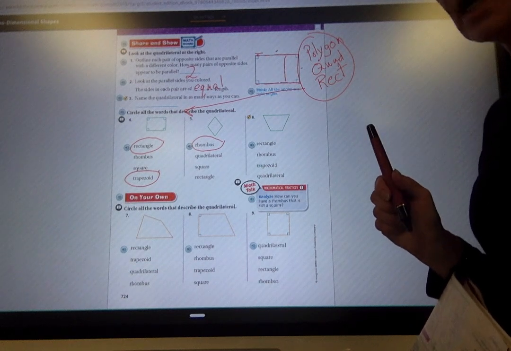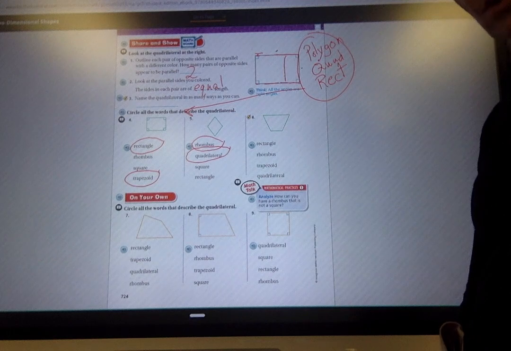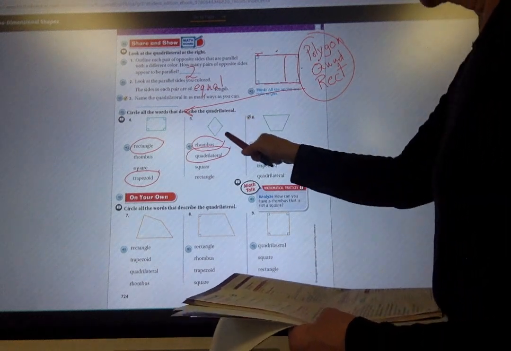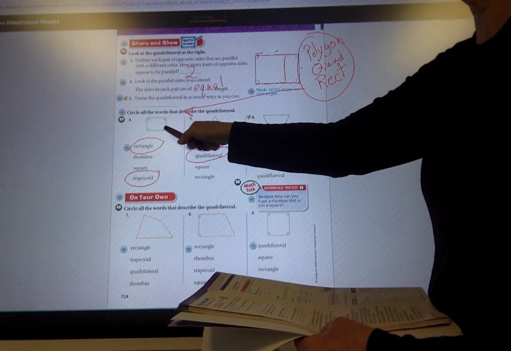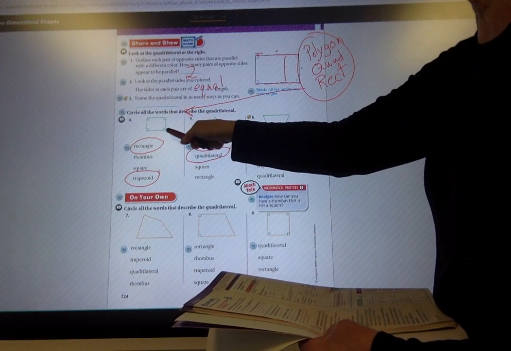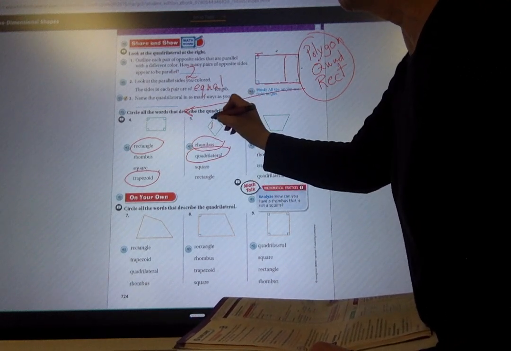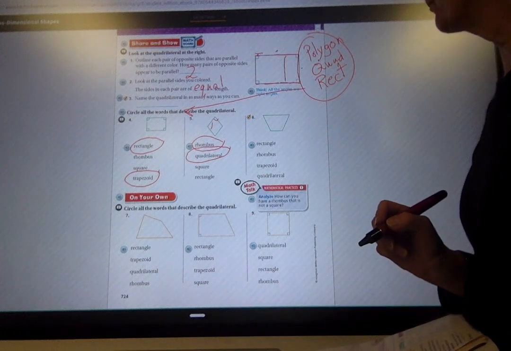Does it have four sides? Yes. Is it a square? Well, the sides are all the same length. These are parallel and these are, but remember, it has to have four right angles. This is greater than a right angle and this is less than a right angle. So it's not a square.